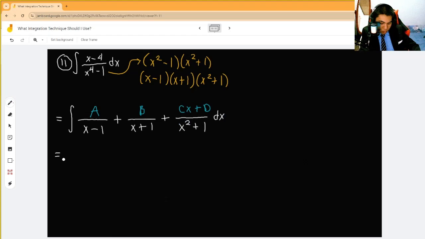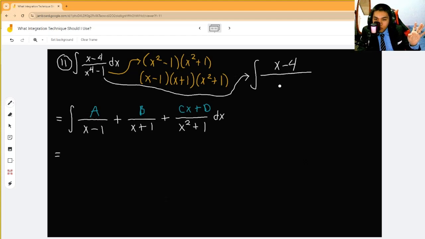So we can think of this as the integral of x minus 4 over x minus 1, x plus 1, and then x squared plus 1 dx. And we can do the cover up method.